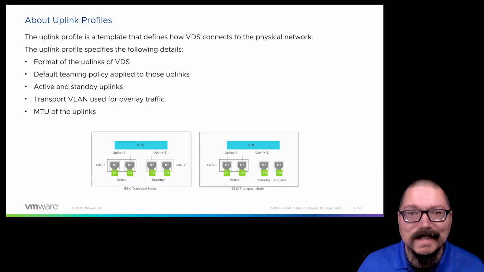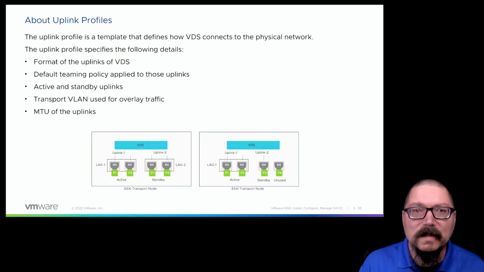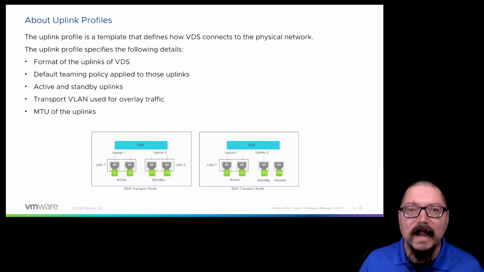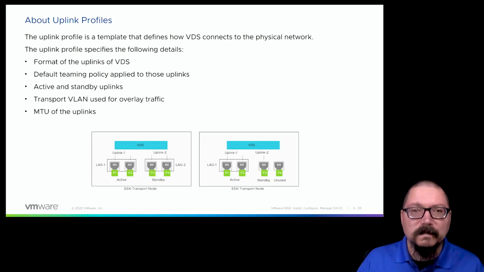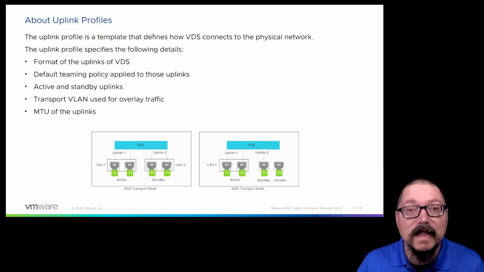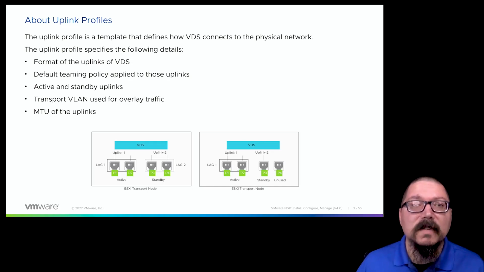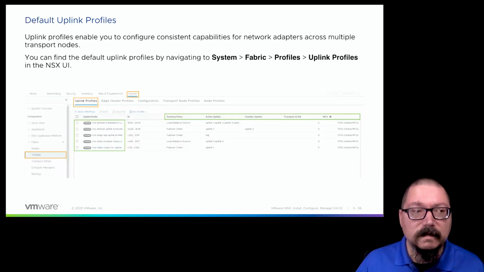On my ESXi transport nodes, I'm not going to configure any MTU in the uplink profile here in NSX, because we're simply going to inherit the MTU configured on the distributed switch in vCenter. So there's some nuance to the uplink profile, and because of that, I'm probably going to have different uplink profiles for different types of transport nodes.